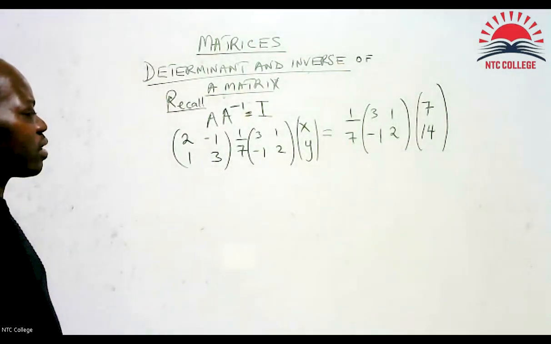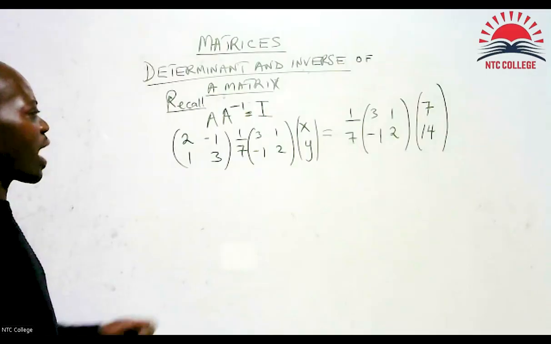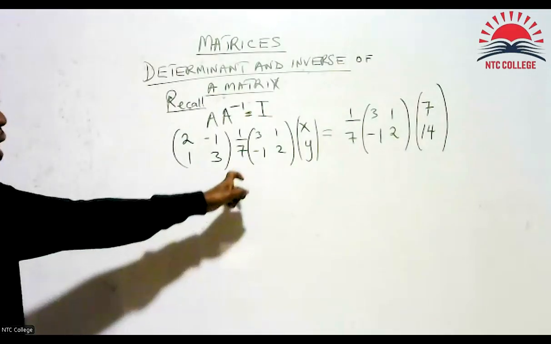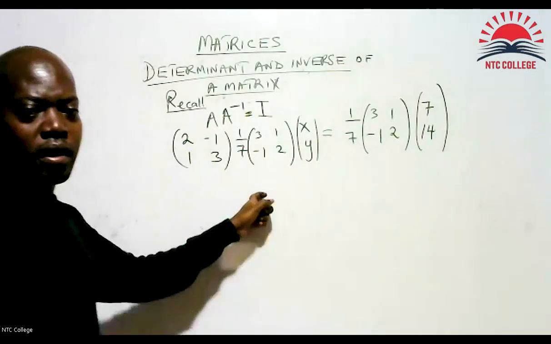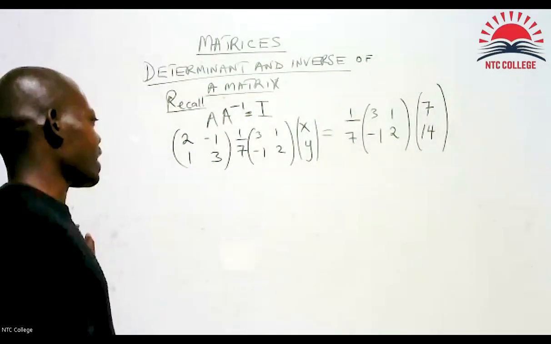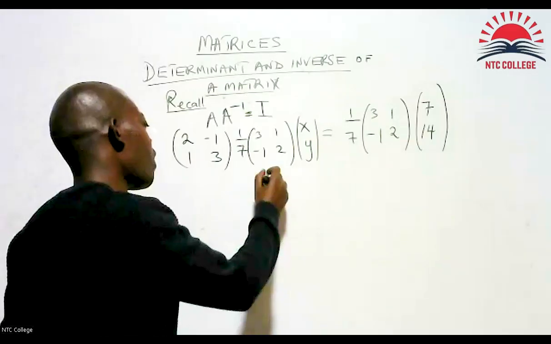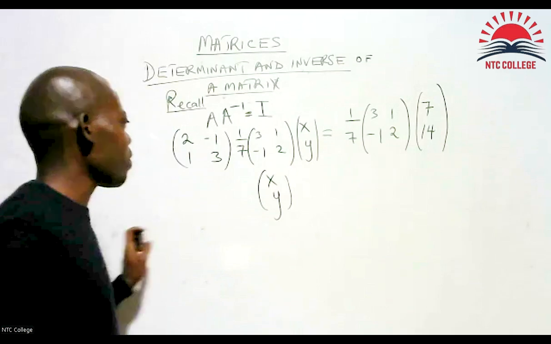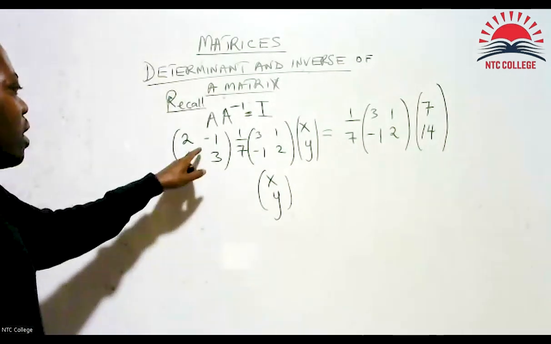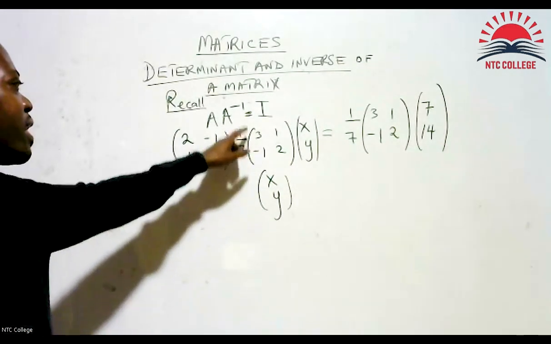Such that now, on the left-hand side of the equal sign, you should be left with only x all over y. And I said you don't have to prove that A times the inverse is identity.